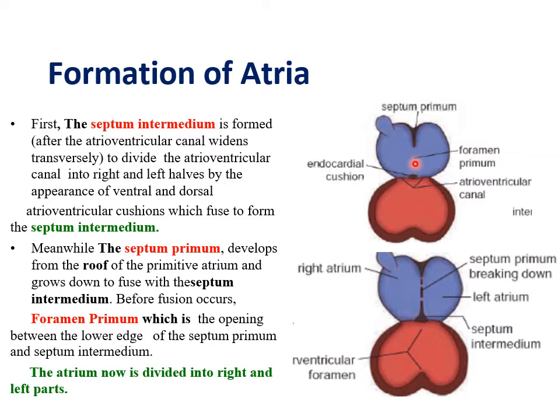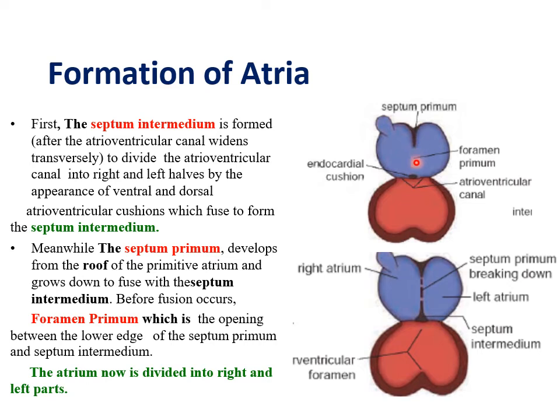Meanwhile, there is a septum primum. The septum primum develops from the roof of the primitive atrium and grows down to fuse with the septum intermedium.